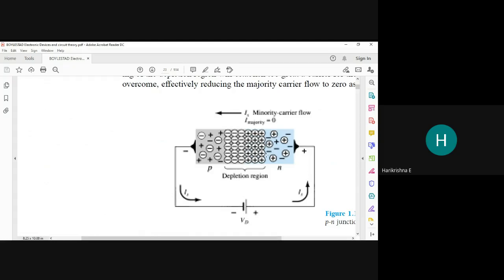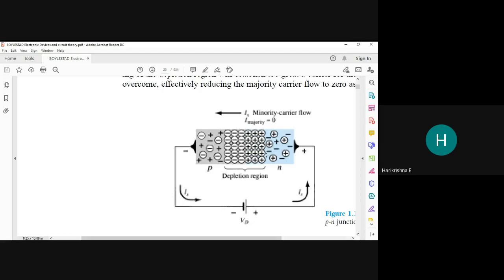The height of the wall increases. No current is flowing through the device. But because of minority charge carriers present in both the n-type material and p-type material, some current will flow through the device.